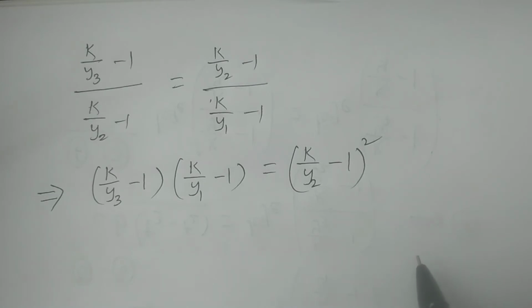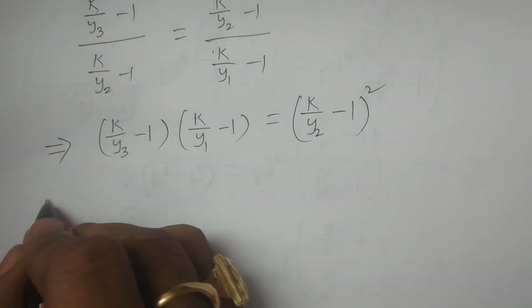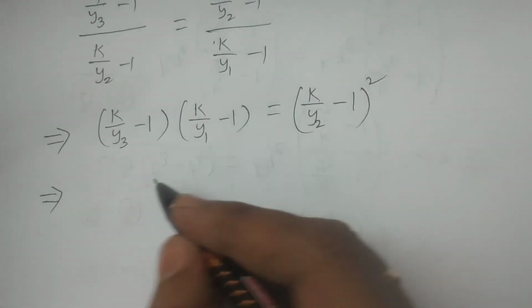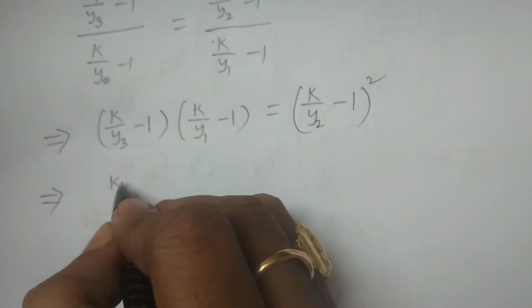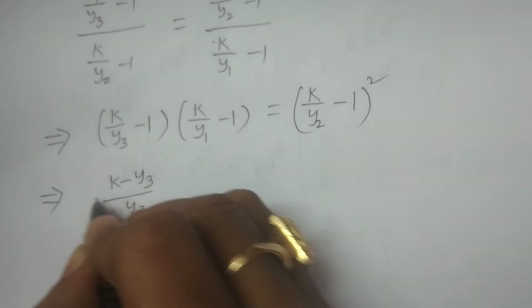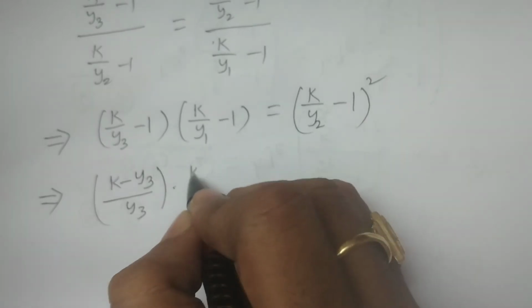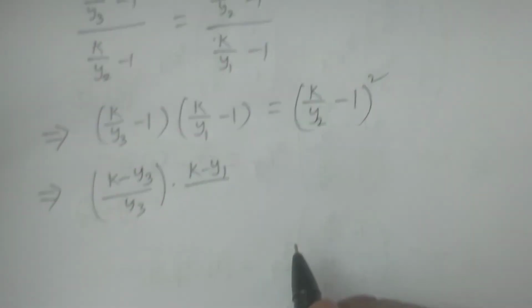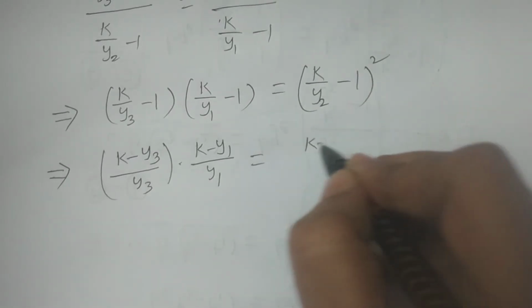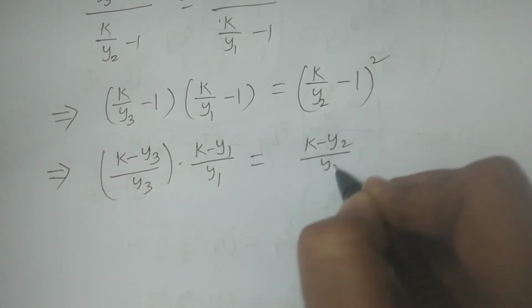If you simplify by taking the multiplication, k minus y3 divided by y3 multiplied by k minus y1 divided by y1 is equal to k minus y2 divided by y2 whole square.